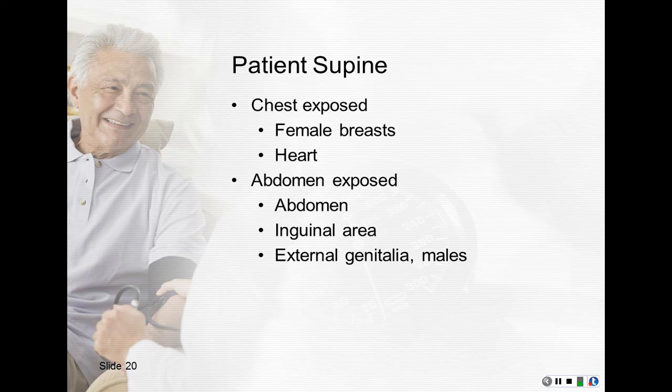This might be where you see an aortic aneurysm in the abdomen. This is where you might see that pulsation, so be sure you look at that area. Check the inguinal area. External genitalia in males can be checked here, although I generally do that standing.